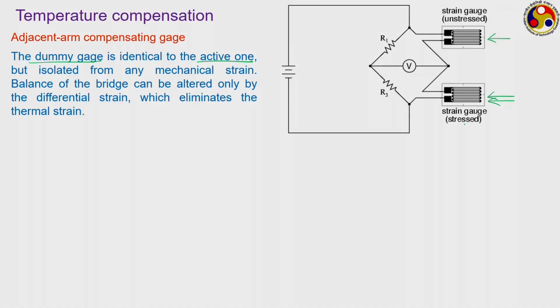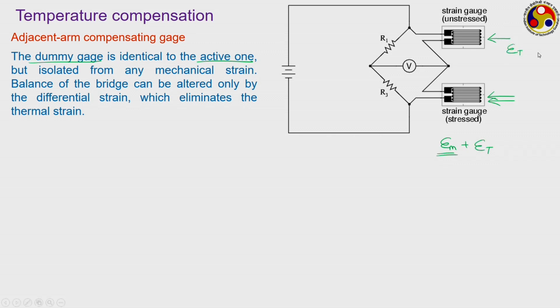What we are trying to say is that this active gauge senses two things: one coming from the mechanical part, the physical strain which we want to measure, and the other coming from the thermal part because of the temperature variation. But this one is sensing only the thermal part.